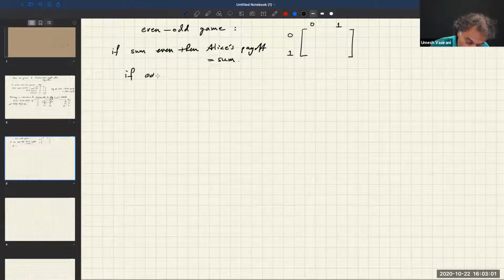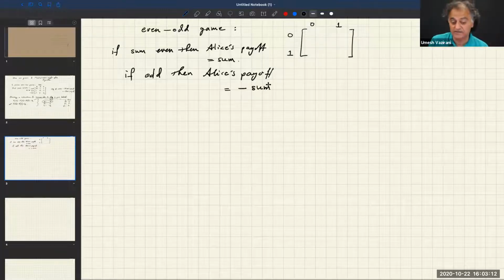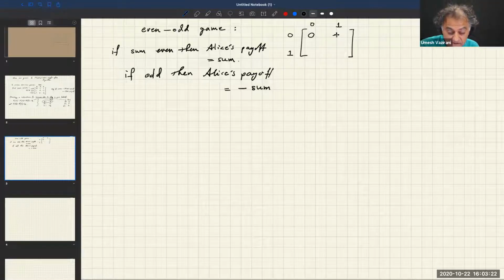If odd, then Alice's payoff is equal to minus the sum, meaning she loses the sum. So for example, here 0 plus 0 is 0, so Alice wins 0. 0 plus 1 is 1, so Alice loses 1. 1 plus 0 is 1, so Alice loses 1. And 1 plus 1 is 2, so Alice wins 2.